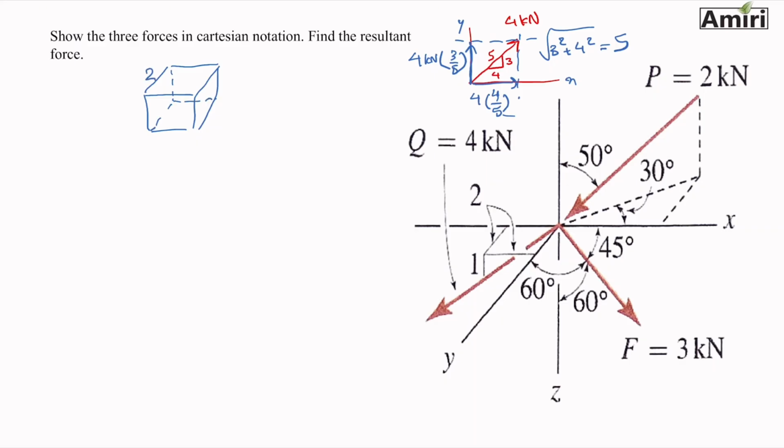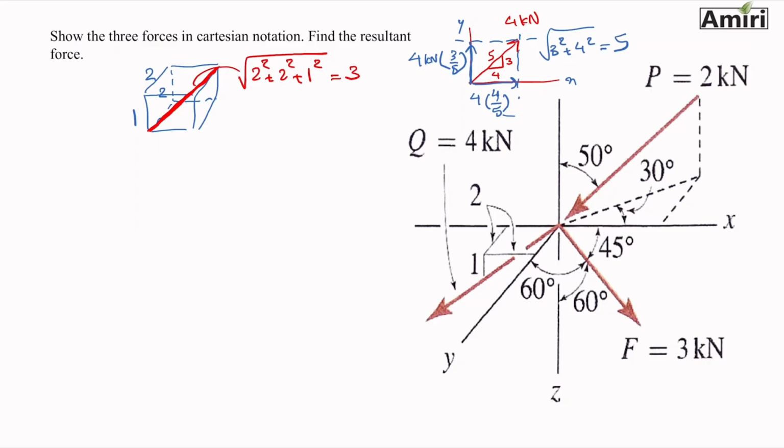We have a 2, 2, and a 1, and we are trying to find this right here. This is 2 squared plus 2 squared plus 1 squared. So these are kind of like slope triangles, but just in 3D. Again, it follows the same kind of procedure as 2D.